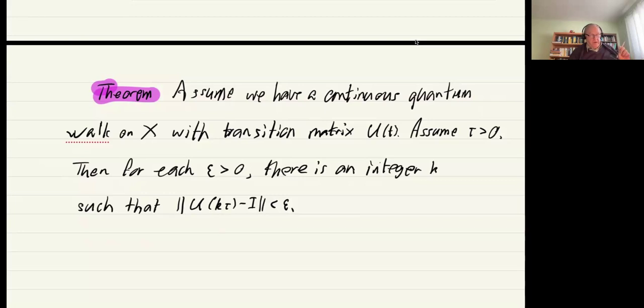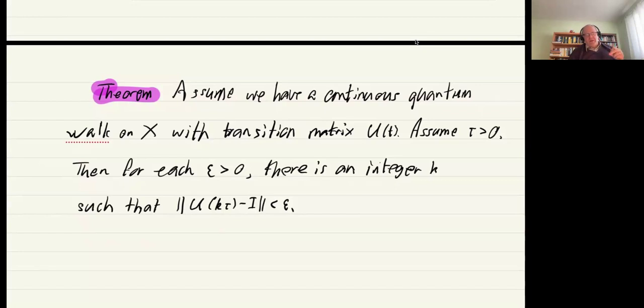The point is, when you think about your trajectory, the orbit, U(0) is the identity, and what this is telling you is if you pick an epsilon, I can find a k such that U(k tau) is within epsilon of the identity.